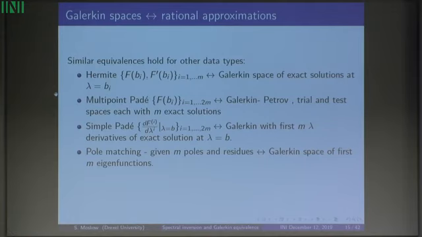And perhaps the most interesting one, which is useful for wave problems, is that if you're given poles and residues, that corresponds to doing a Galerkin method where the space consists of the first m eigenfunctions. And so then you're matching the poles and residues of the transfer function. And you can also do any combination of the above, and there are some examples that have been done in the past where pole matching is combined with some kind of multi-point PDE, and then you can get varying regions where this approximation is good.